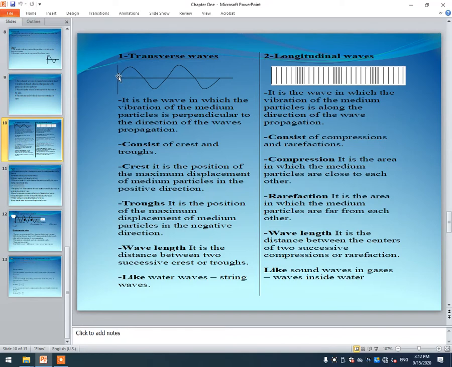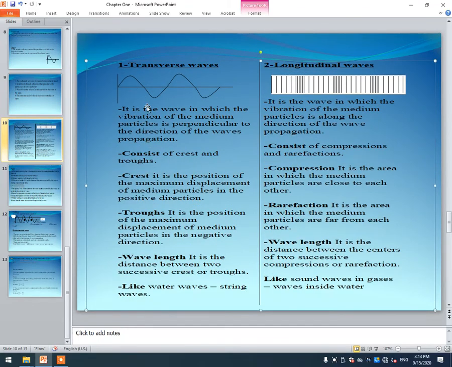But the wave passes from under the bottom of the boat in one direction, as you see here. So this is the direction of wave propagation. But the molecules of the water which carry the boat move up and down. So this direction is the direction of the molecules of the medium, and this direction is the direction of the wave propagation.